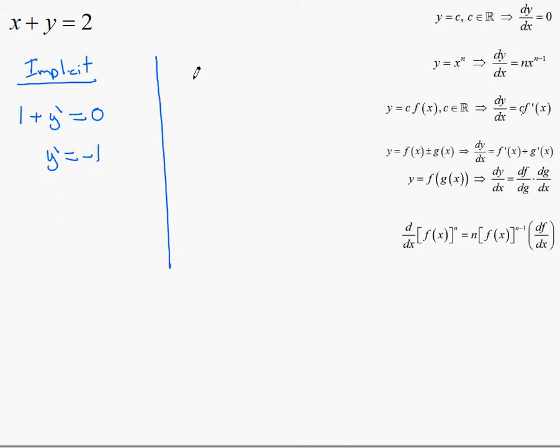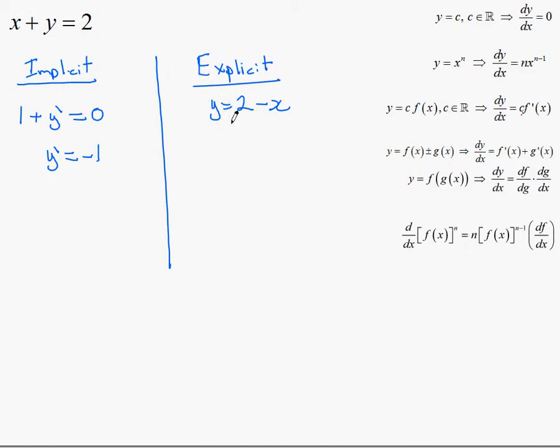Now in this example, we could also do this explicitly. So explicit. And what that means is solving for y first. So in other words, writing y equals 2 minus x. Implicit, x's and y's are mixed together.